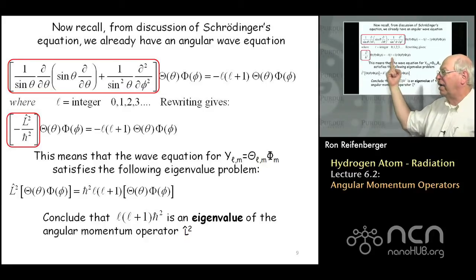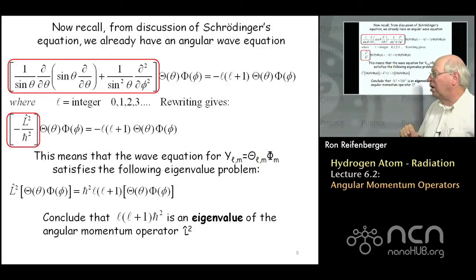So this is the standard eigenvalue problem, right? Notice that there are minus signs on both sides of the equation, so we can cancel that out. We can distribute h bar through the equations. And what we find at the end of the day is that the square of the angular momentum operator operating on the angular wave functions is just equal to h bar squared times script L times L plus 1 times the wave function back again.